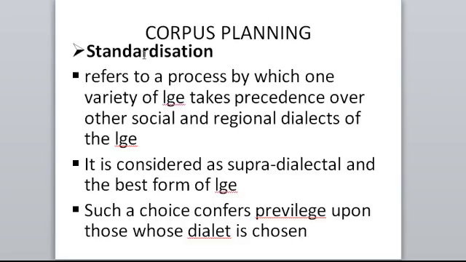Now, let's come to standardization. Standardization refers to a process by which one variety of language takes precedence over other social and regional dialects of the language. It is considered as supradialectal and the best form of language. Such a choice confers a privilege upon those whose dialect is chosen.